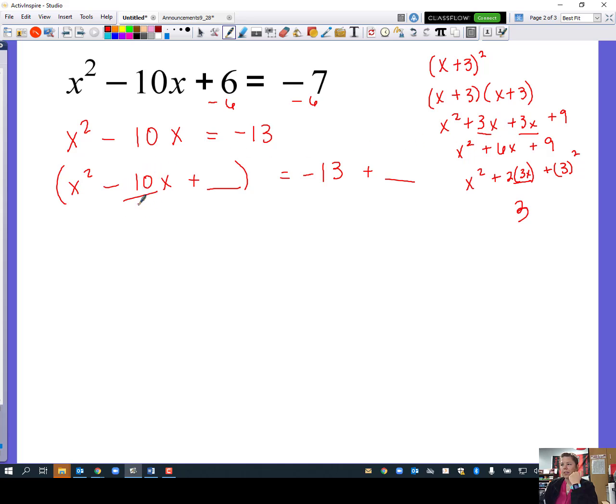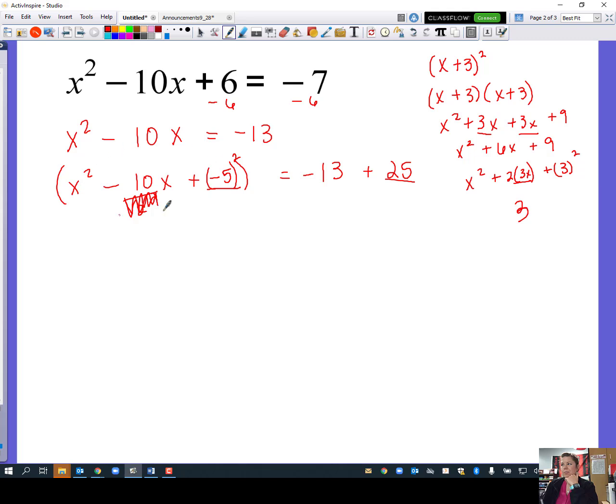So I'm going to take this and divide it by 2, and that's negative 5. What goes here is negative 5, but then I'm going to square it. So my perfect squared equation would be x squared minus 10x plus 25. And the 25 needs to go on the other side, because we're adding these two things together.